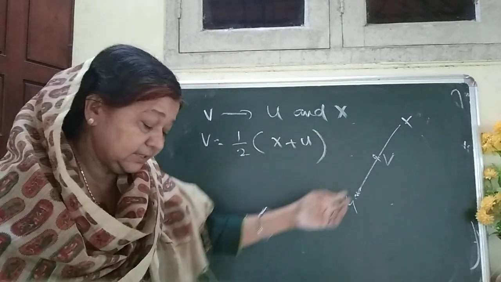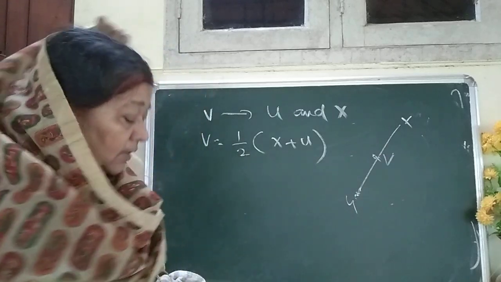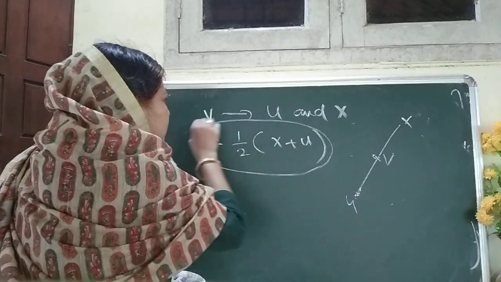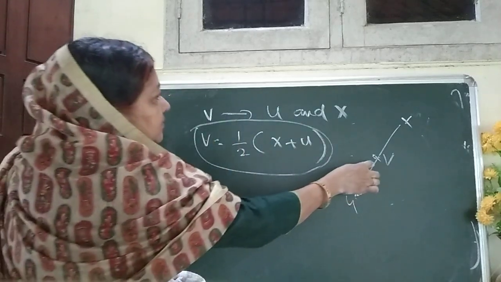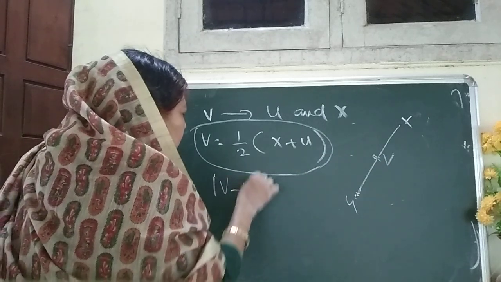The point of intersection, the point on the segment joining the vectors u and x. For that, we assume that it is v. We have to show that it is true. For that, first of all, we can find modulus of v minus u.